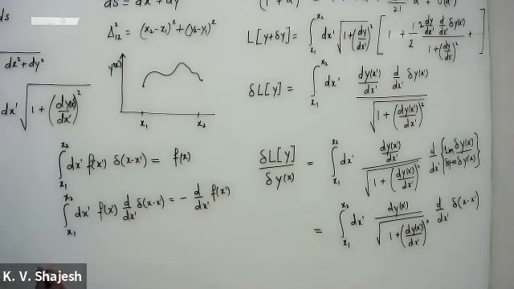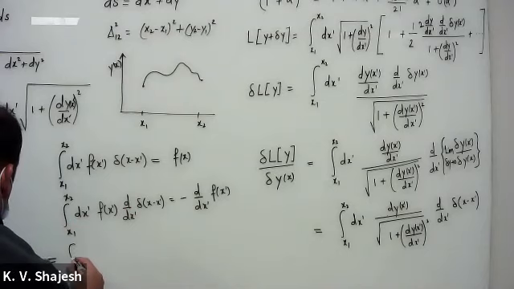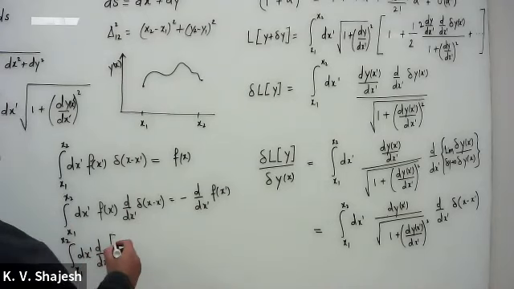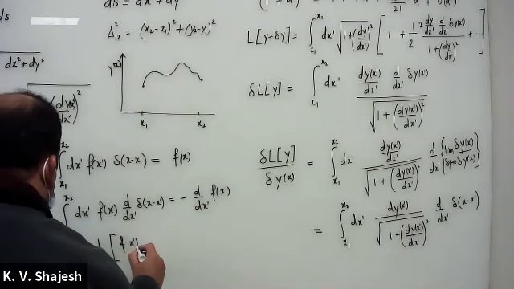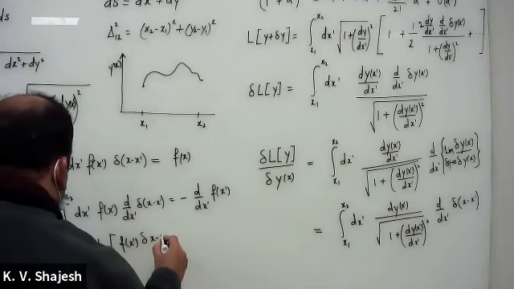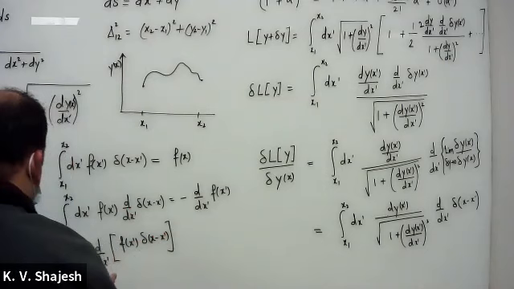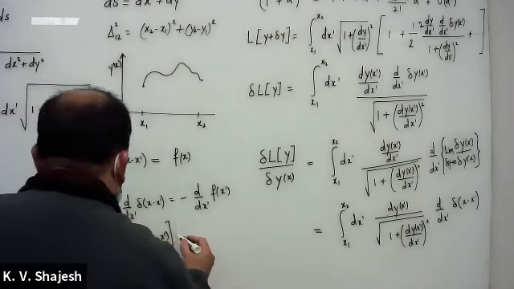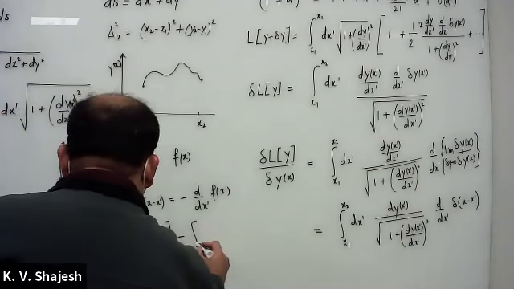If you want how this comes about, this is equal to actually integrate by parts, correct? So this is x1 to x2 dx prime d by dx prime of f of x prime times the delta function, but that's obviously not equal to that because this acts on both, so you subtract that.